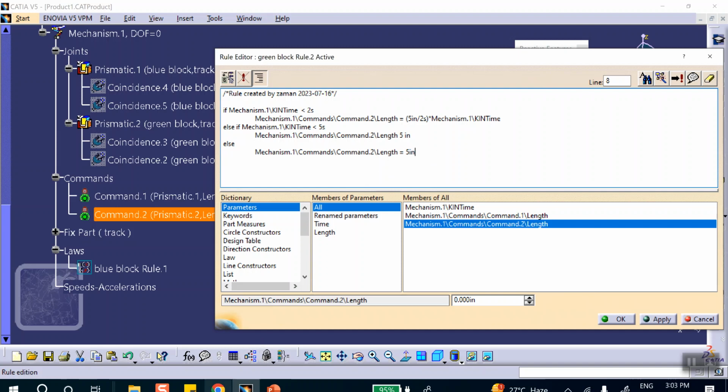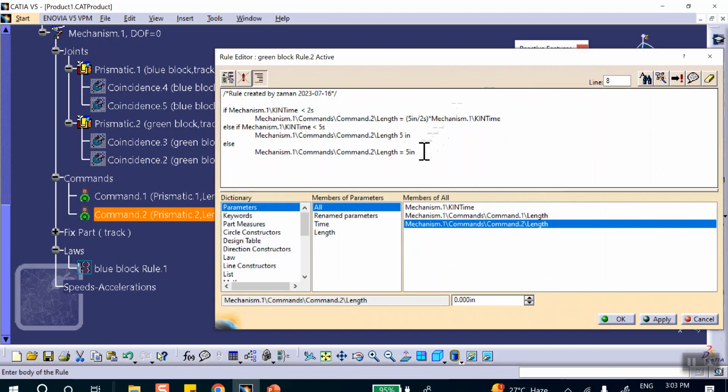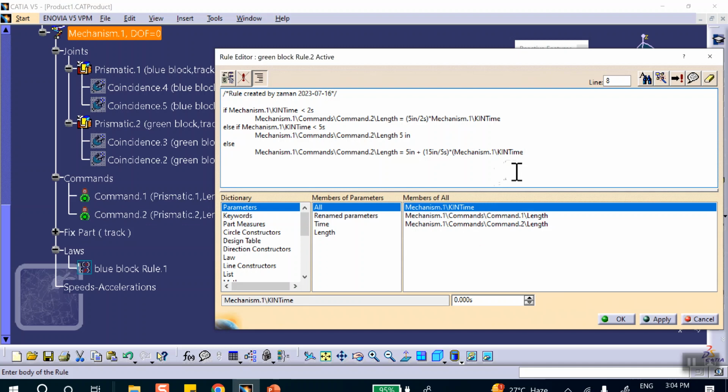So that's going to be 5 inches plus, this is how many? 15 over 5 seconds, or 3 inches over a second. So I'm going to write it plus 15 inches divided by 5 seconds times parentheses time. Don't forget to put this shift in there though, minus 5s.